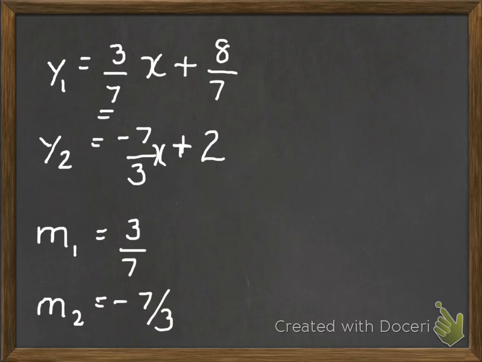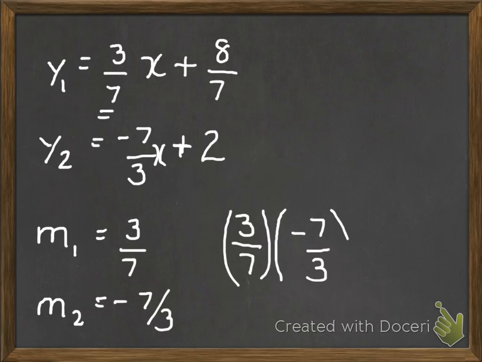So we have 3/7 and minus 7/3. Well, if we multiply those two slopes together, 3 goes into 3 once, 7 goes into 7 once, but you're left with that minus 1. We get minus 1. That proves that these two slopes are negative reciprocals of each other.